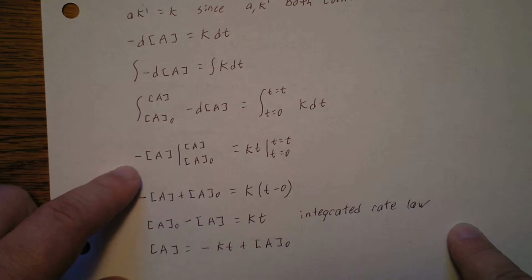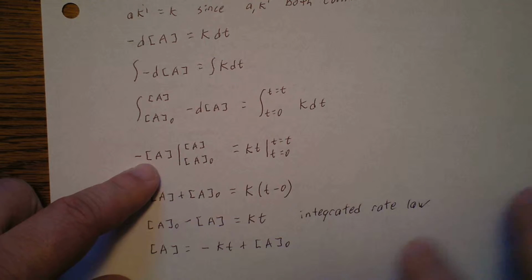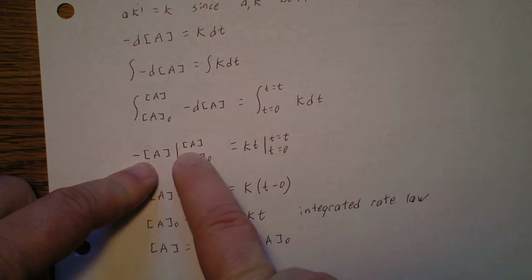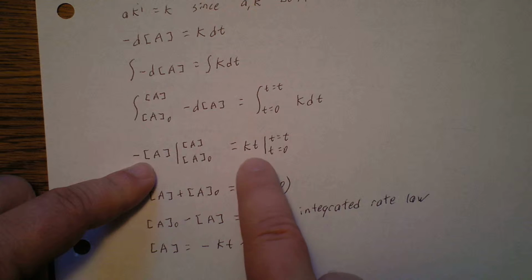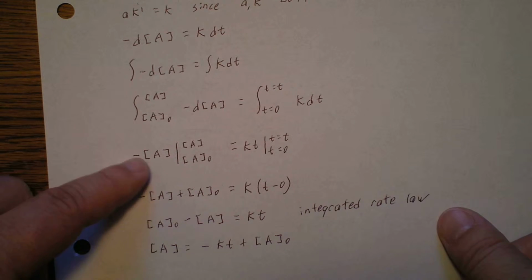So the left side gives us minus the concentration of A evaluated from A naught to A, and that's equal to the constant K times time evaluated from time equals 0 to the current time.